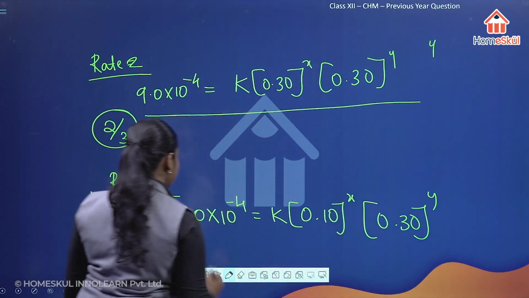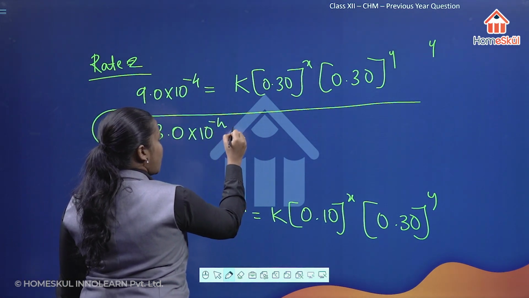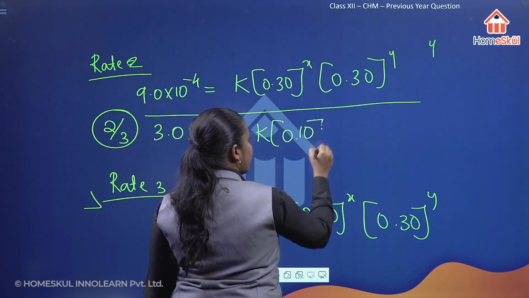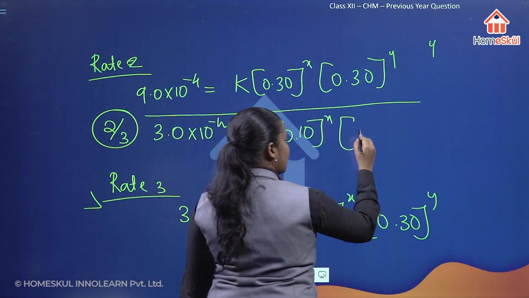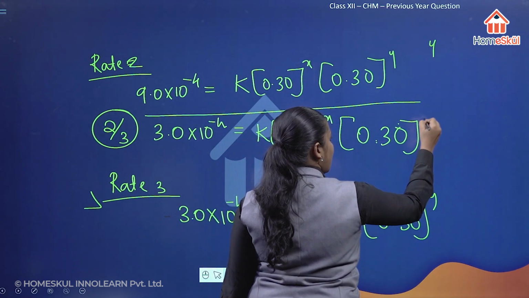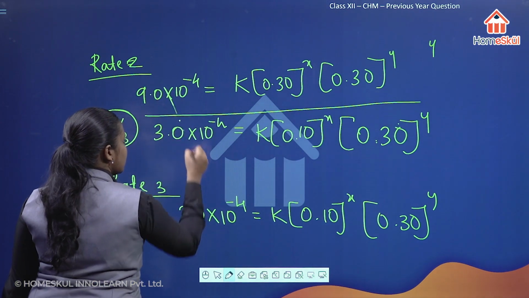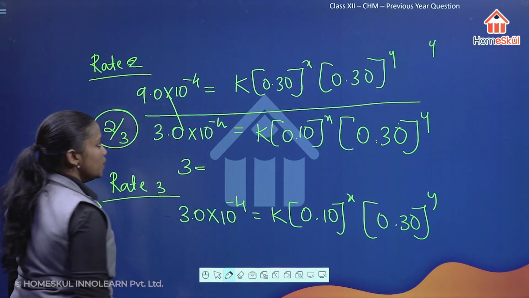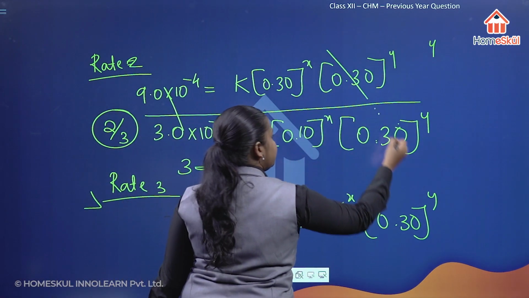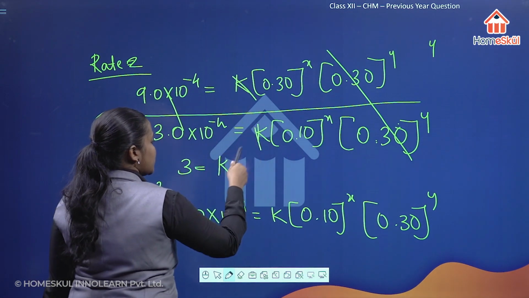Equation 2 divided by equation 3: 3.0 into 10 raised to minus 4 equal to k into 0.10 raised to x into 0.30 raised to y. We'll get 3 is equal to, just cancel the similar terms, k is also cancelled.